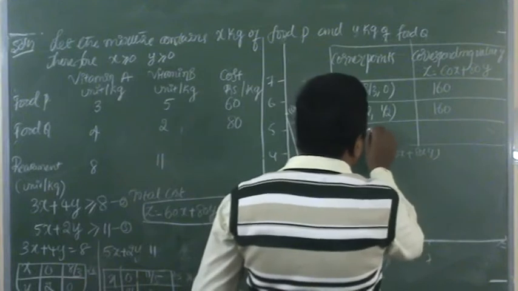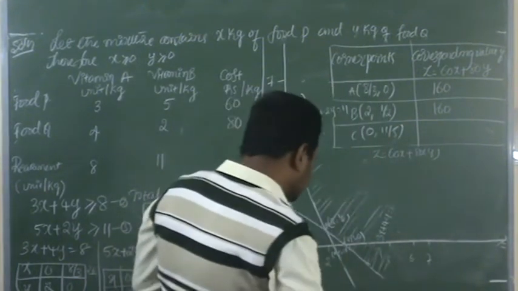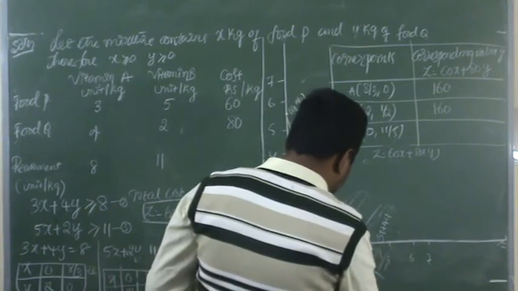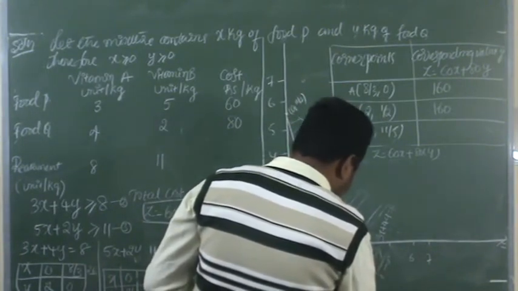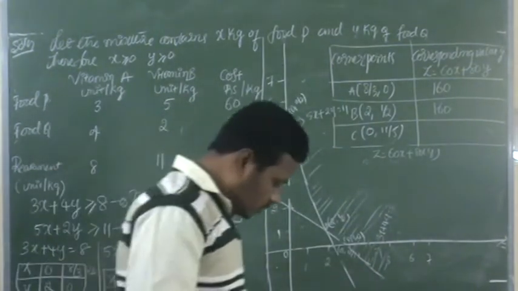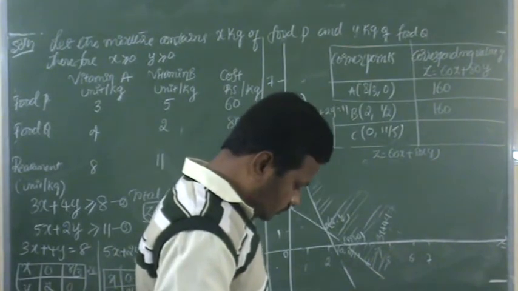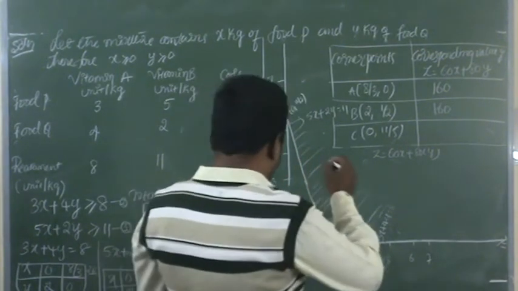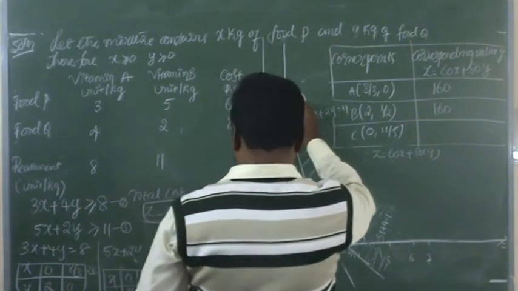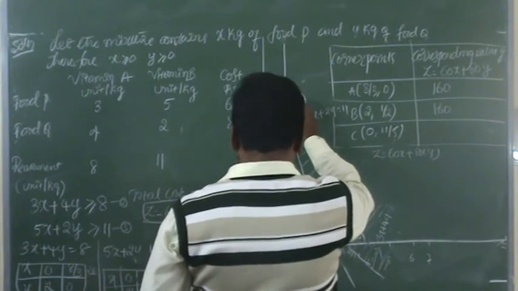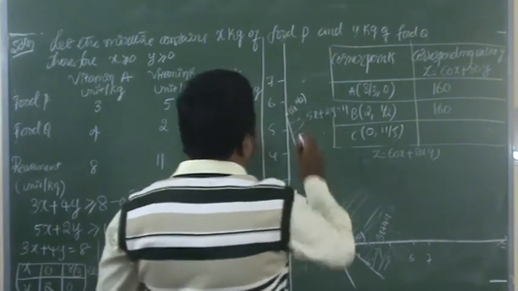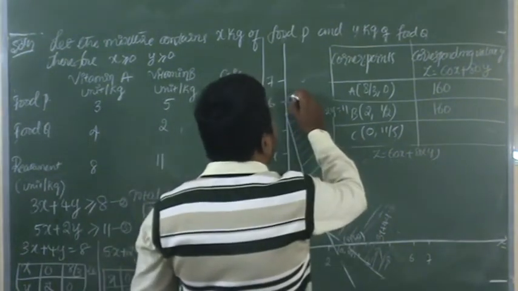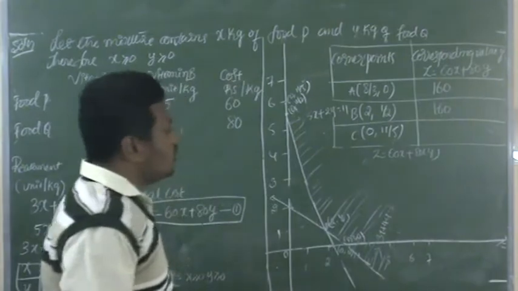This is (0, 11/5). So we take this point (0, 11/5).